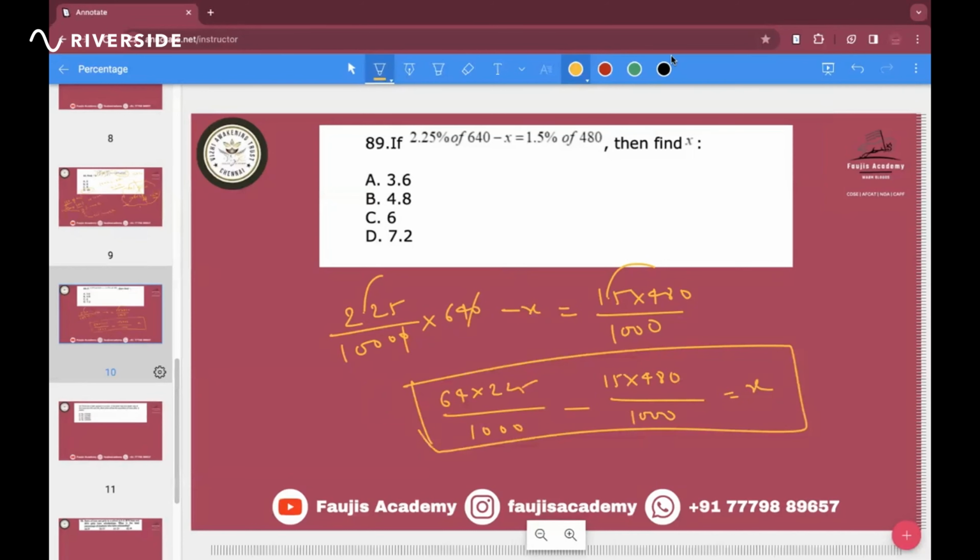Yes, guys, tell me what is the answer. It's just a calculation, right? Let's do the calculation, buddy. You guys want me to do the calculation, like seriously?